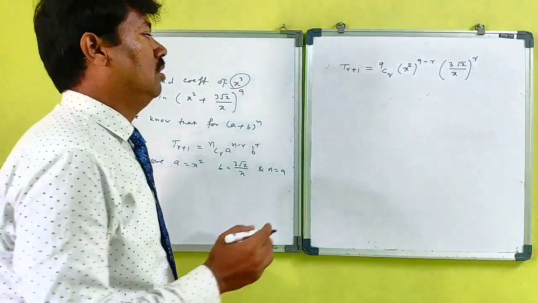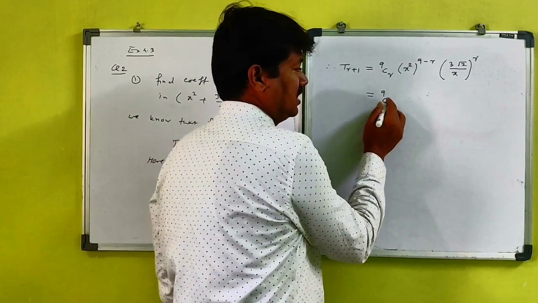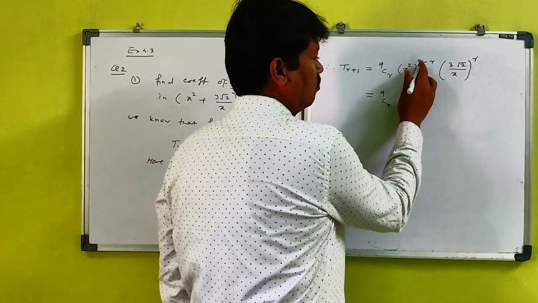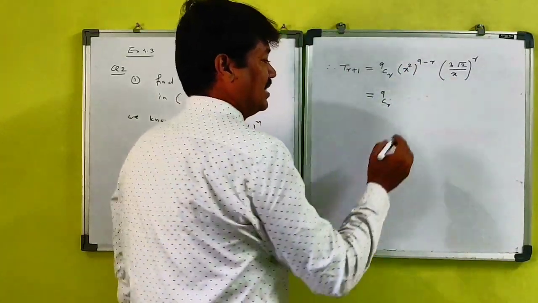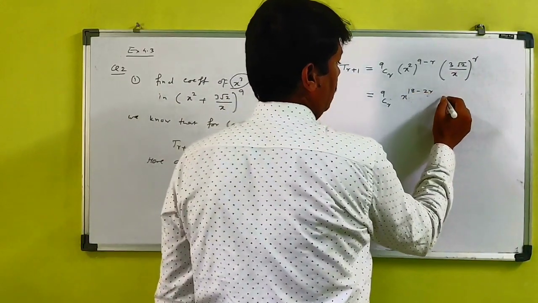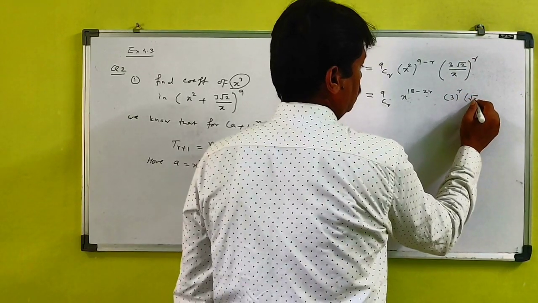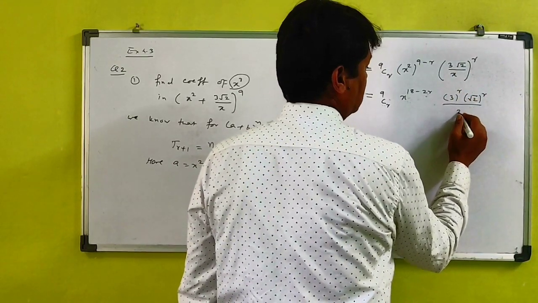Now you collect all the powers of x together and separate the constant terms. So nCr as it is. This x square raised to 9 minus r gives x raised to 18 minus 2r. Then 3 raised to r, root 2 raised to r, and x raised to r.